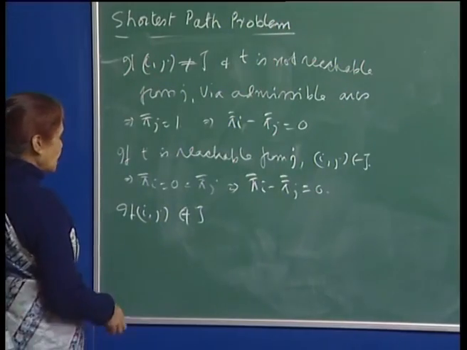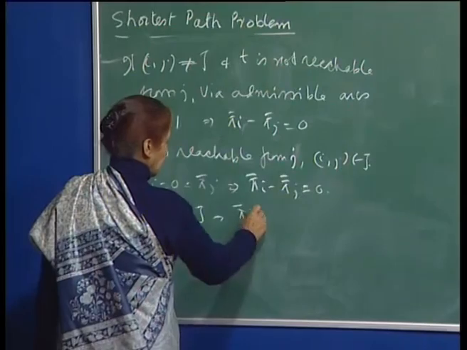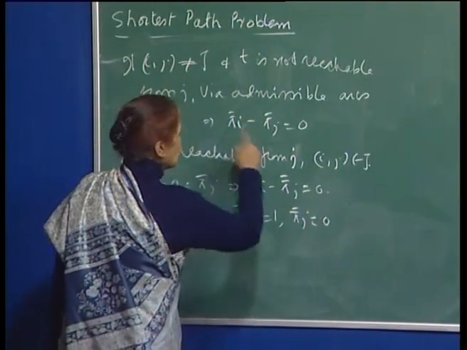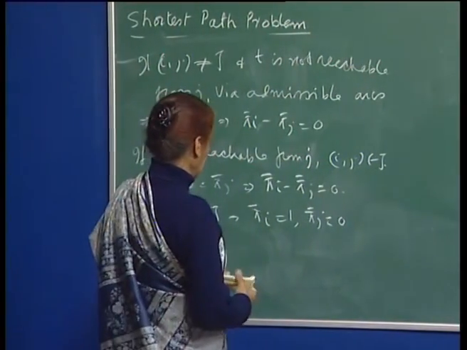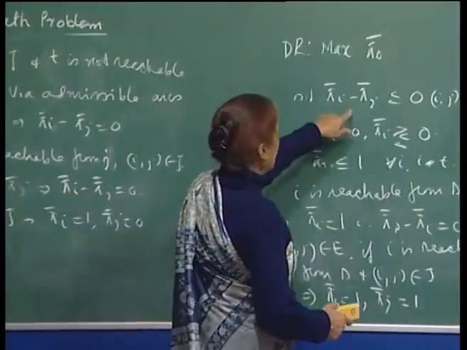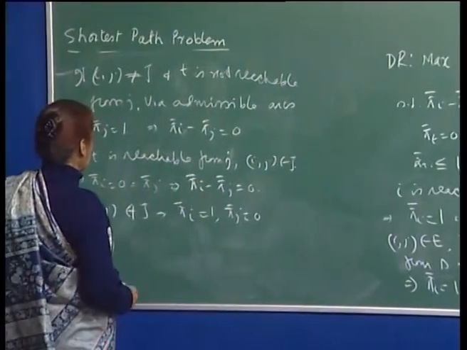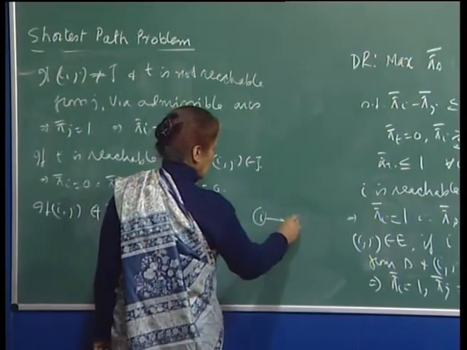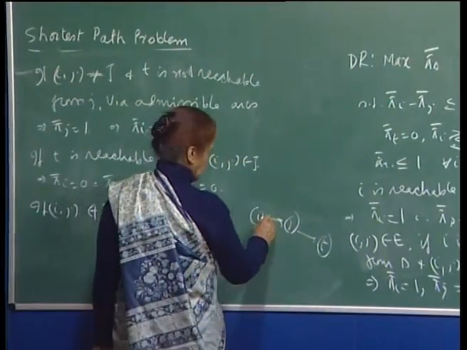If ij does not belong to J, this implies that pi bar i is 1 and pi bar j is 0. So again the constraint is, no, hold on. What is the problem? I want pi bar i minus pi bar j to be less than or equal to 0. So you have an arc i, and you have reachable from t. So this is not admissible.